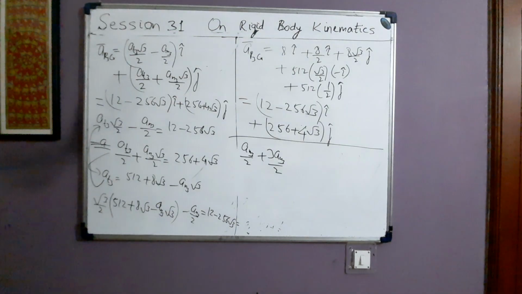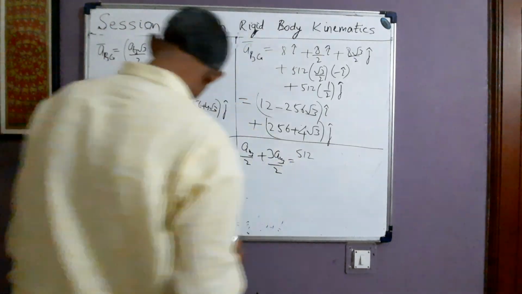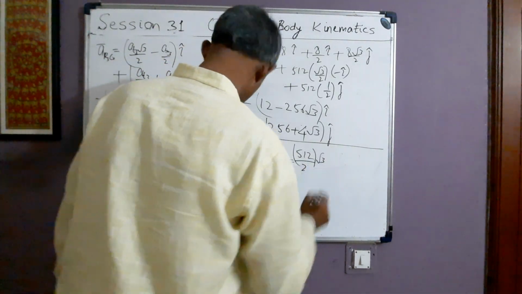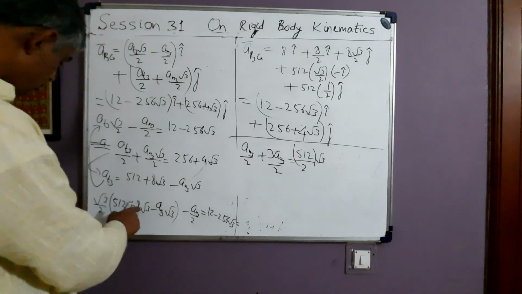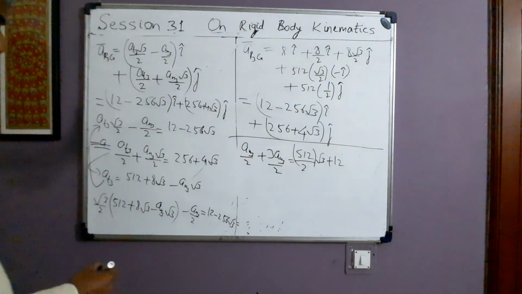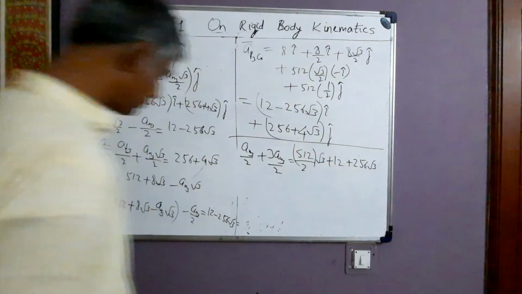That becomes how much? 512 root 3 by 2, a_N3 by 2 plus 3 a_N3 by 2. 512 into root 3 by 2 plus 8 into 3, 24 by 2, 12, plus 256 root 3.